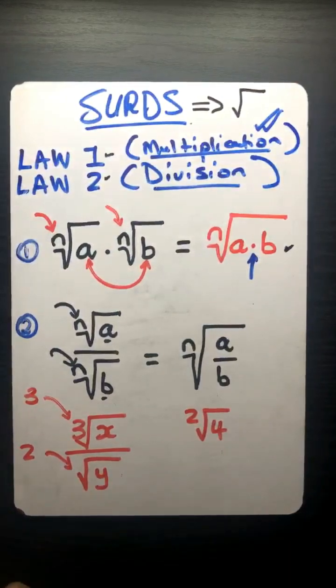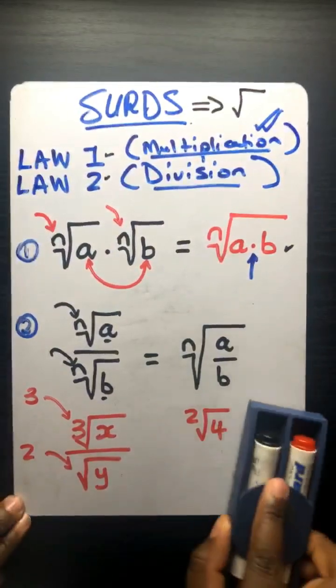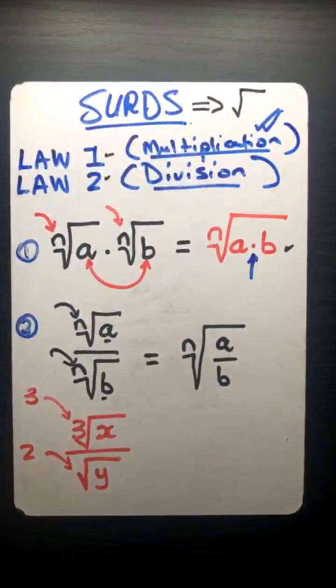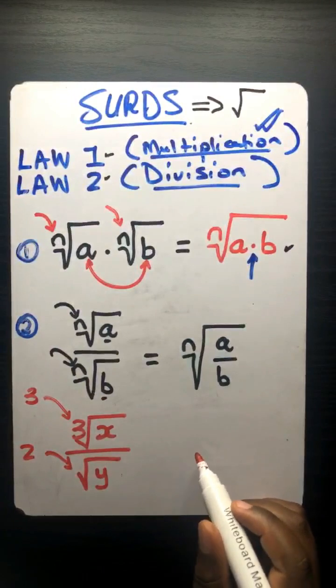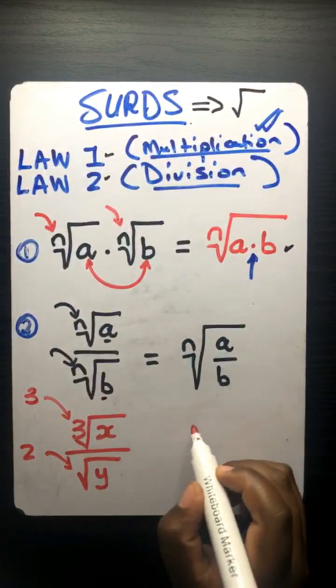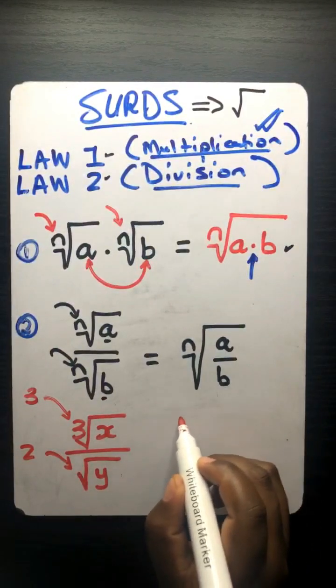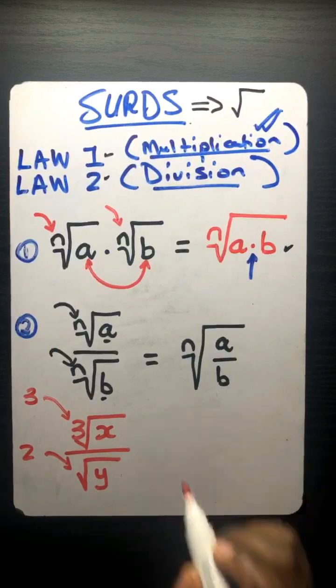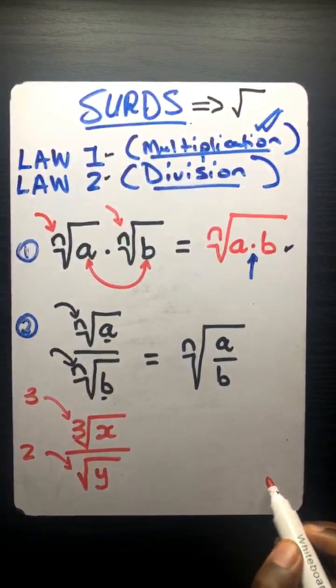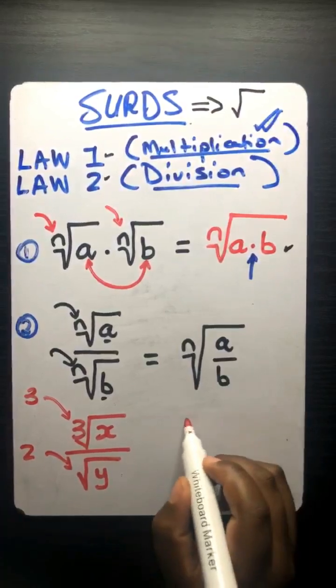Okay. Also, let me explain something to you guys. But before I do that, let's run a test. If you've got a scientific calculator, punch this on your calculator. Let me think of something that I want you guys to punch. Okay, let's just run it.